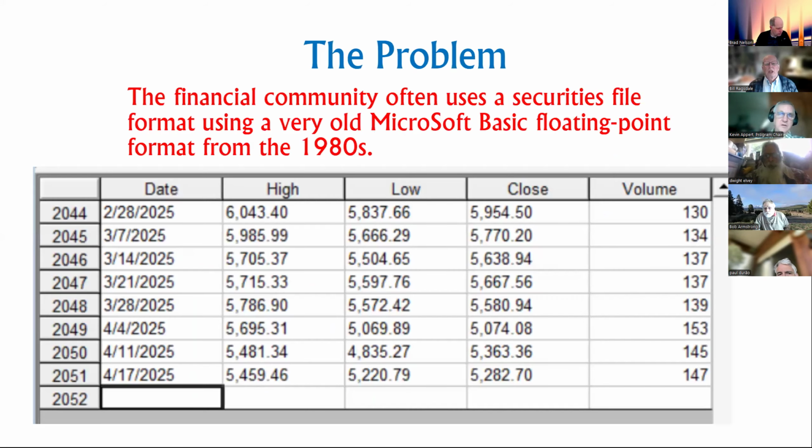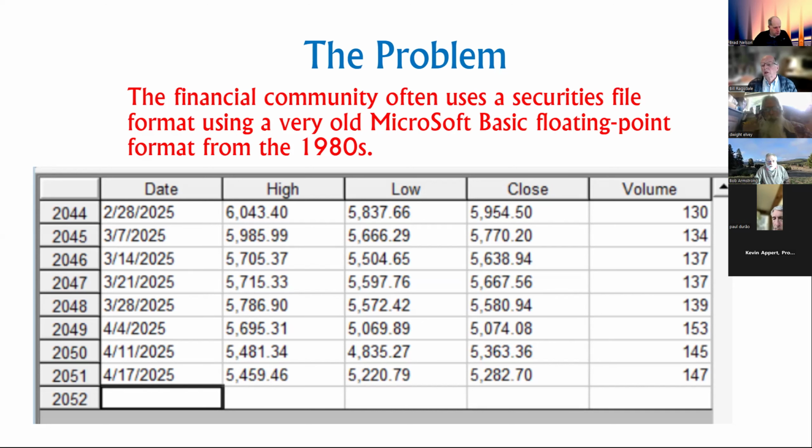So the starting point is that in the financial community, there was a company called CompuTrack back in the 80s that came out with a financial analysis, a stock market analysis program. They were the pioneer in all of this in the personal computer area. There had been some work in the commercial areas.